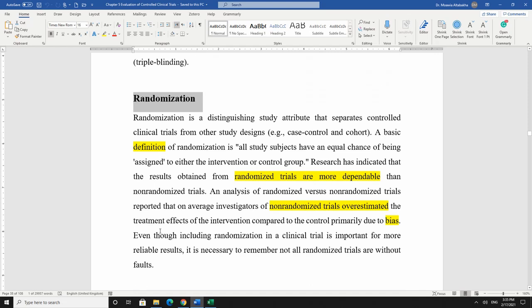And randomization will minimize bias, because if you as the investigator do the assignment to group A and B, then you might put people who have a better prognosis in your intervention group that will take your therapy.